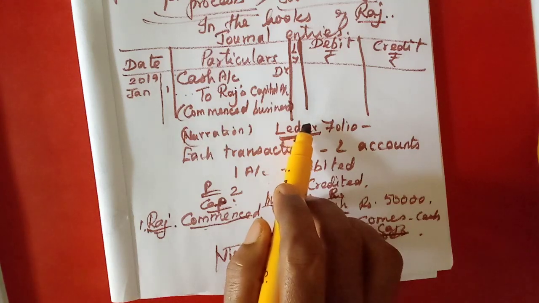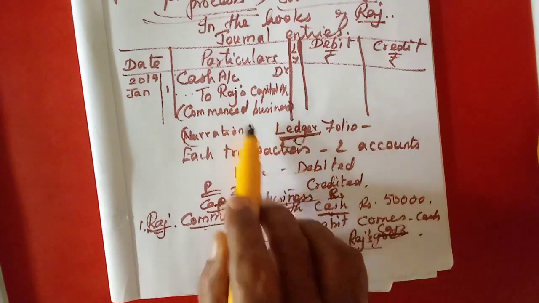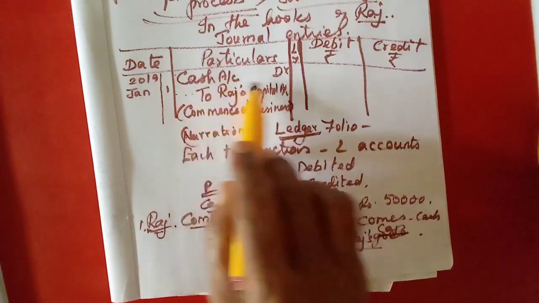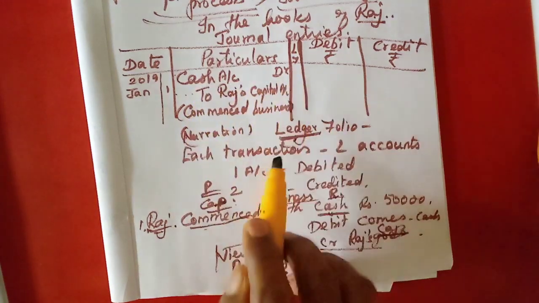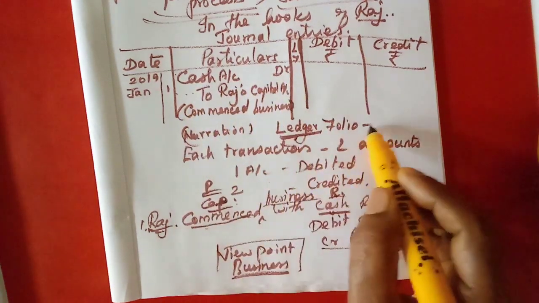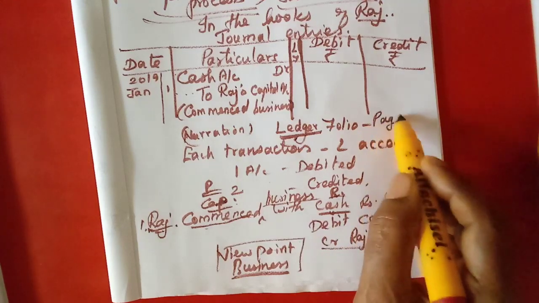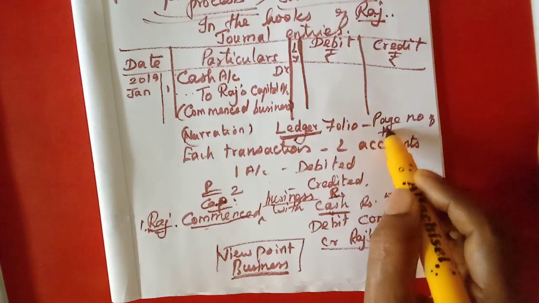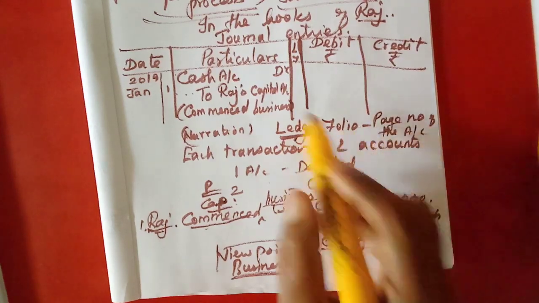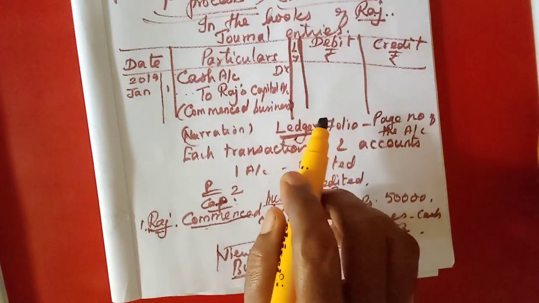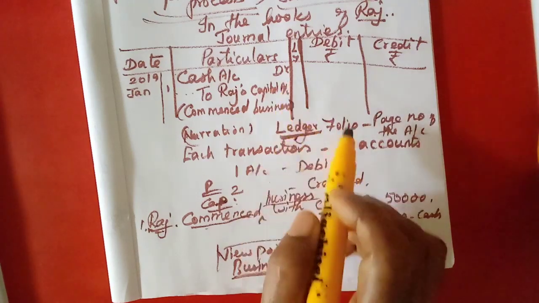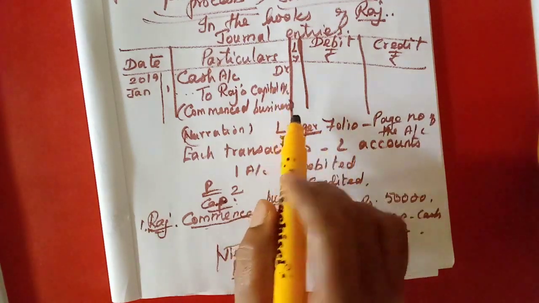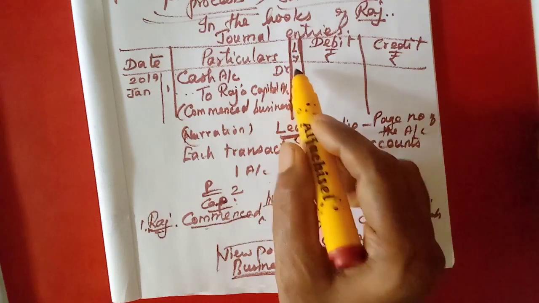In that book, this item is posted on which page number? The page number of that account is called the ledger folio. Now we will not enter anything. When we post this, at that time we will enter here. Leave it as it is.